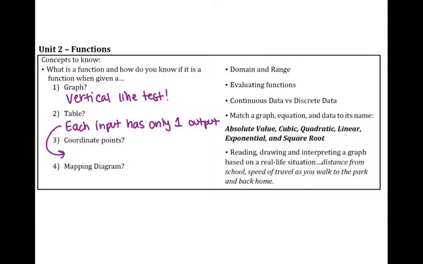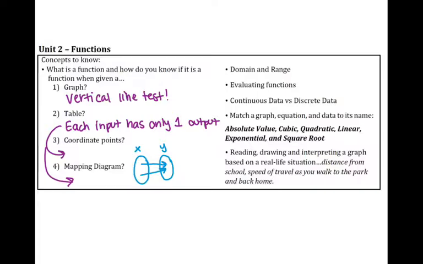Each input has only one output. And for the mapping diagrams, same thing. A mapping looks like your two ovals, and you are mapping or lining up numbers to numbers. So this would be your x bubble and your y bubble. And you're checking to see that each x is only going to one y value.